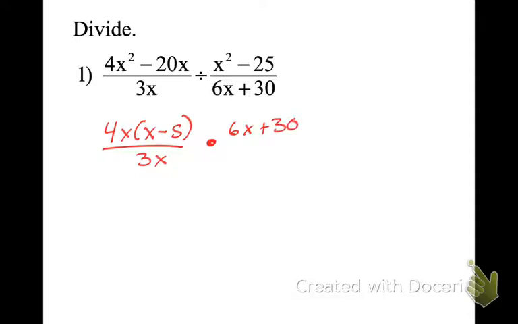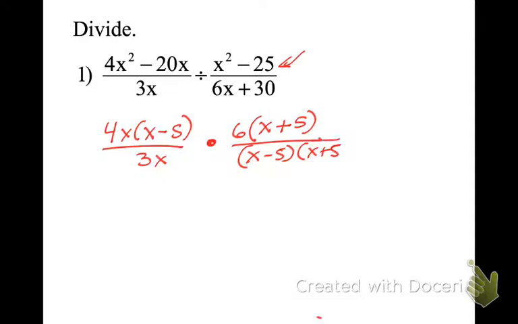How do I factor that? 6 times the quantity of x plus 5. Good. And then on top, I have my x squared minus 25, which becomes what on my new denominator? X minus 5 times the quantity of x plus 5. Okay. So I reciprocated.